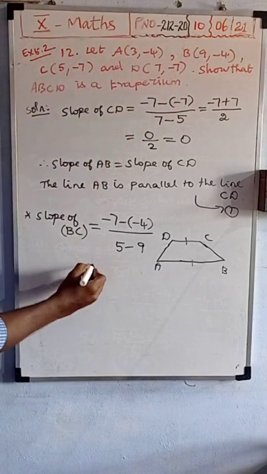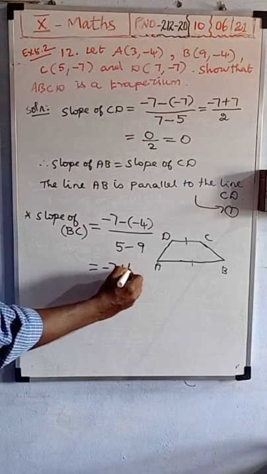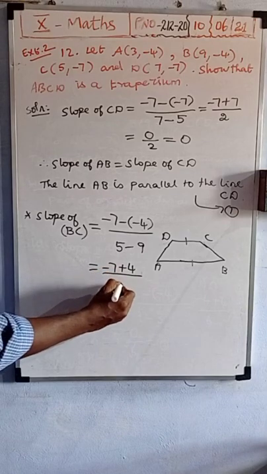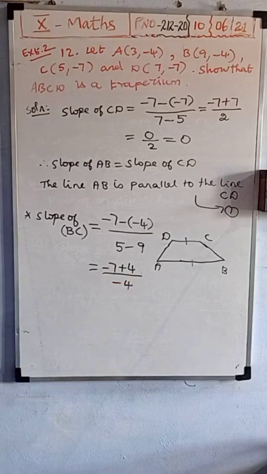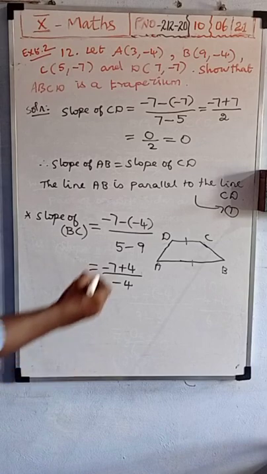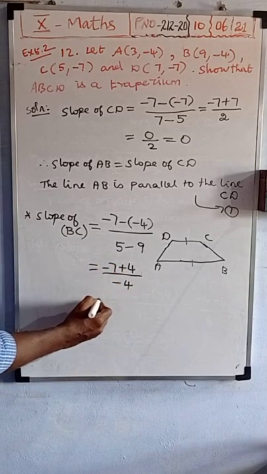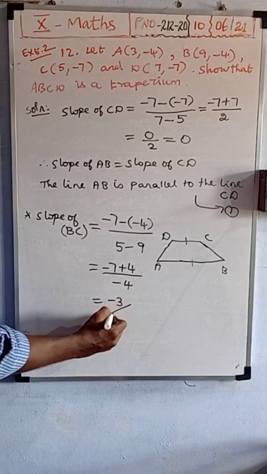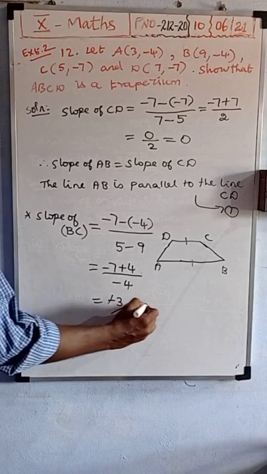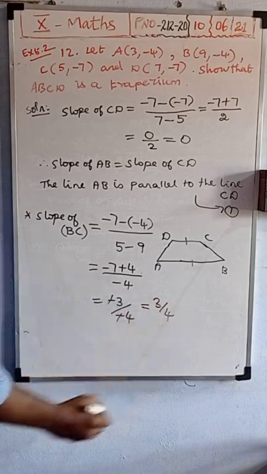Now minus 7 minus into minus plus 4 divided by 5 minus 9, which is minus 4. Now minus 7 plus 4 means we will get minus 3. Minus 3 divided by minus 4. Minus minus cancel. We will receive positive 3 by 4.